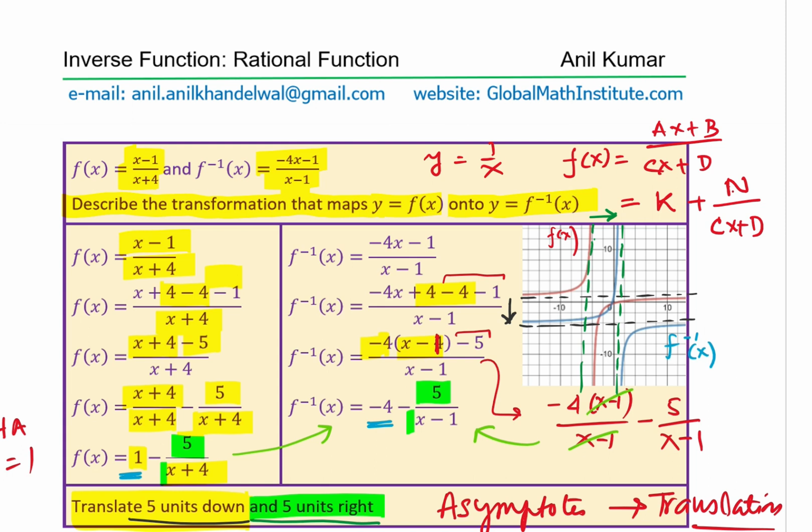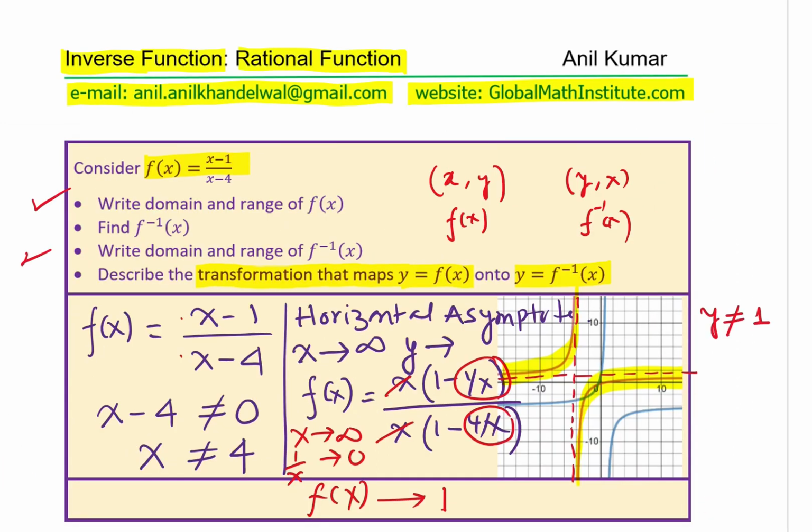And stretch factors can be seen as a coefficient of x, and those will be dealt with in different examples. However, if they are same, that means there is no change in the horizontal and vertical stretches. Perfect. So I hope the steps are absolutely clear. And that is how such questions could be answered.